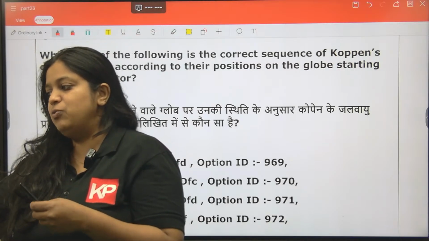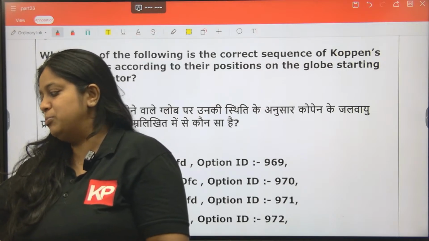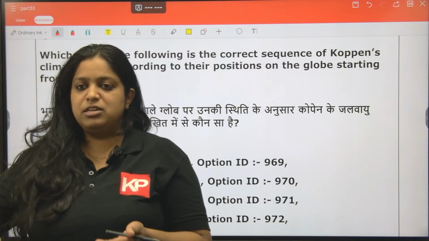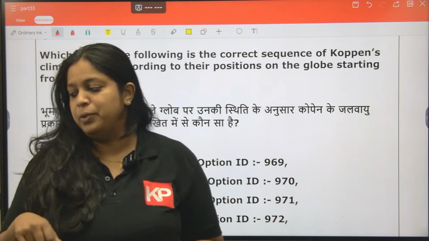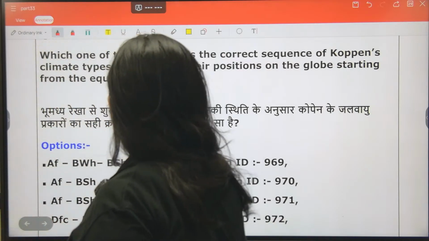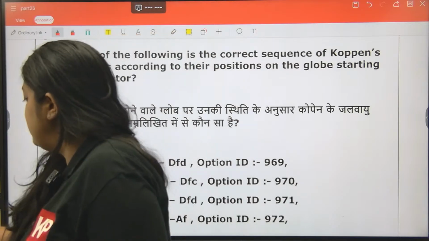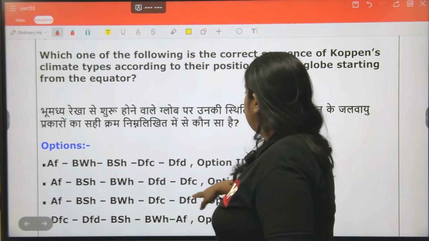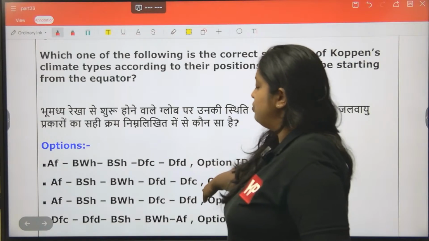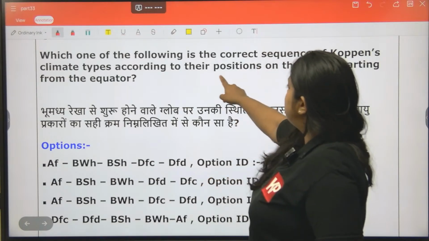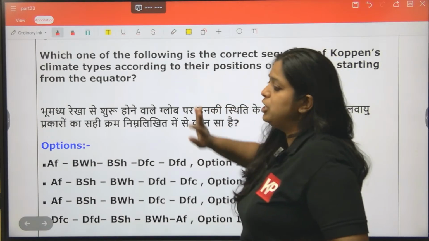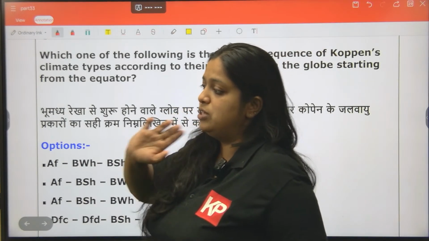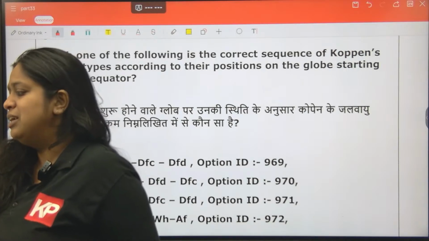Then come the second ones, which can be rainforest, monsoon, savanna, etc., and then the third. In this way, there are three letters that define each climatic condition. Here they have given five different types of climate, and you just have to position them on the globe starting from the equator. This is also easy, I guess.